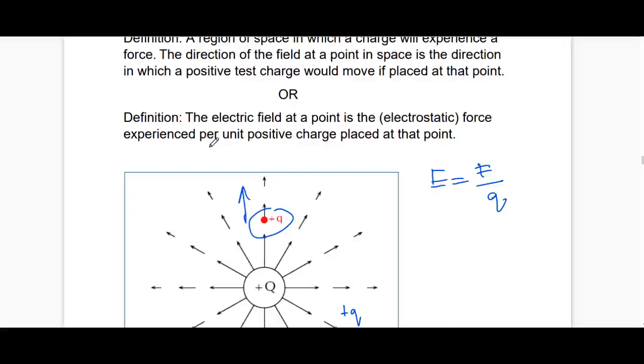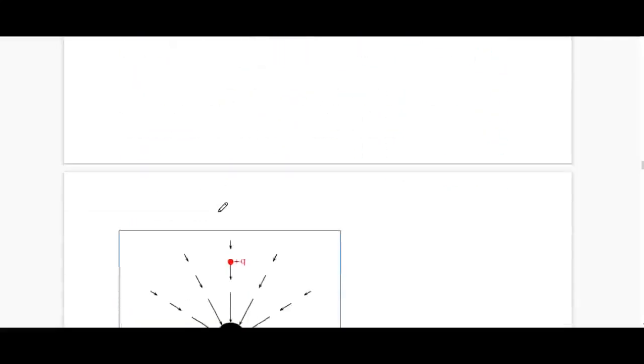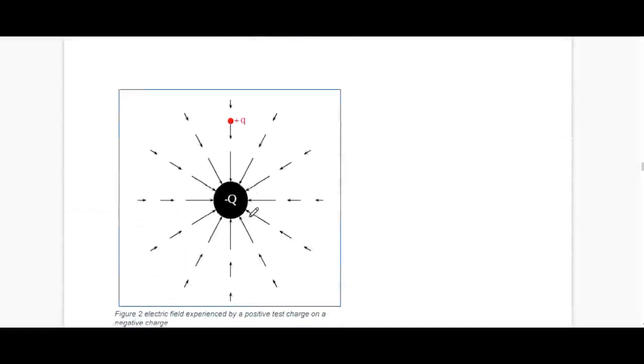Now if we check the negative charge field lines, they go inward. So if this test charge is placed here, it is going to be attracted towards the center of the charge. Also if it was here, it was going to be attracted towards the center of the charge. You see, the direction of the test charge, when it is placed relative to the charge, determines the direction of field lines.